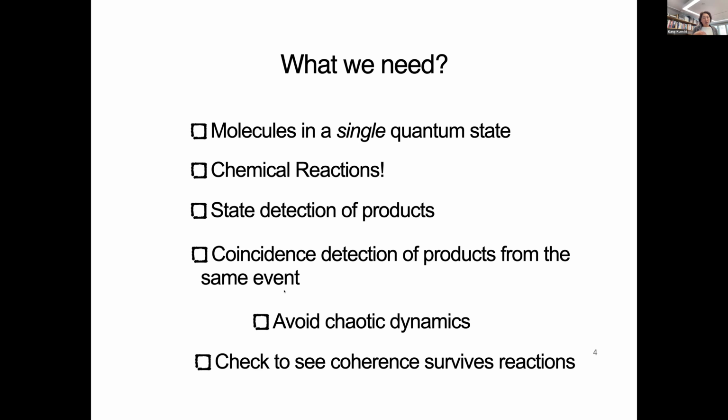And then of course, if the reaction dynamic is chaotic, it's unlikely to lead to an entangled product. So we want to avoid such a scenario and have a way of checking to see whether coherence can survive such a reaction.